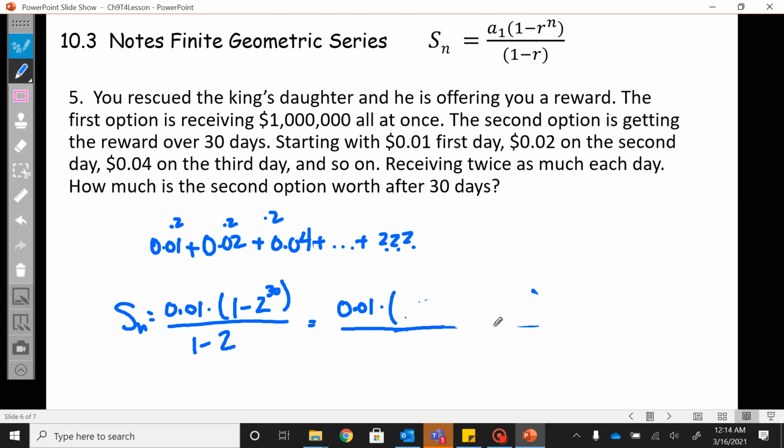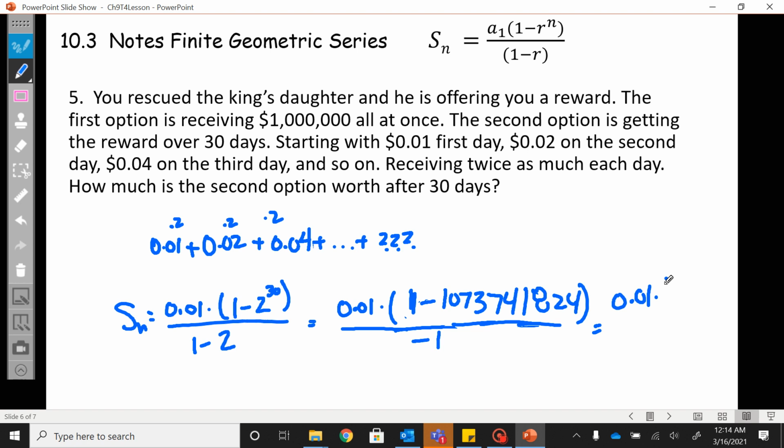Sorry, that's what 2 to the 30 is, but I forgot the 1 minus in front. So it's 1 minus 1,073,741,824, over 1 minus 2, which is negative 1.